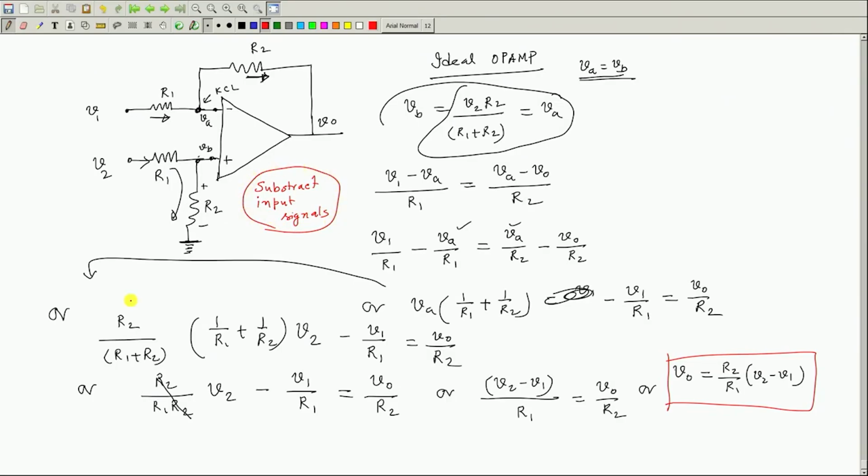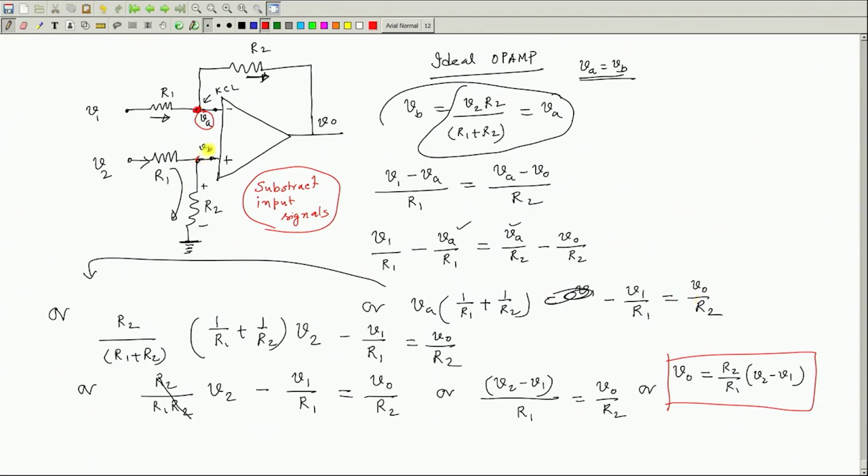Very interesting circuit. So, what are the steps involved? First check whether there is a negative feedback, then it is in amplifier mode, and this voltage and this voltage should be equal for a finite output voltage. Then you write KCL at this point, and that will be one equation.